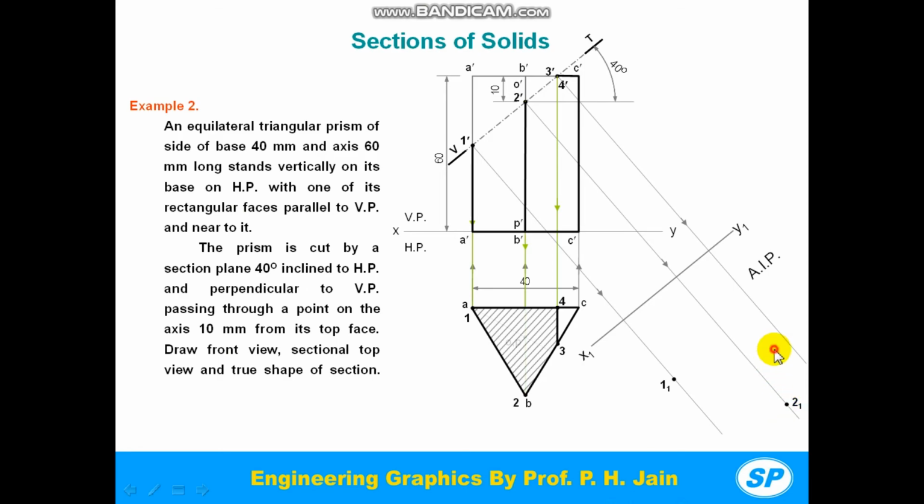Similarly obtain 3 point and 4 point on projections drawn through 3 dash and 4 dash point. So these are the section points in auxiliary inclined plane. So join these section points sequentially with continuous thick lines and then draw section lines 45-degree inclined to x1 y1 line. So this is complete true shape of section.